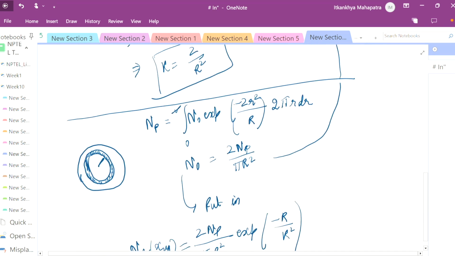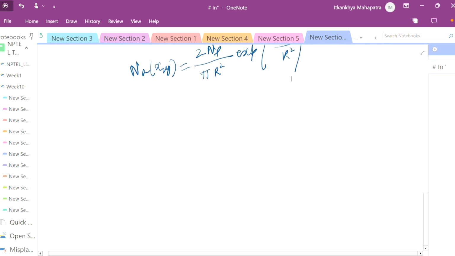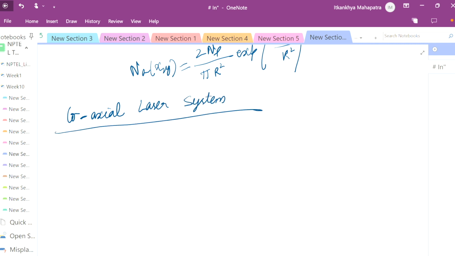Now we'll discuss the coaxial laser system. In the off-axis nozzle system, we discussed the catchment efficiency. So here also we have an efficiency, which is known as the primary efficiency.